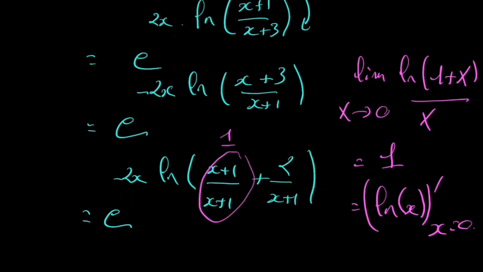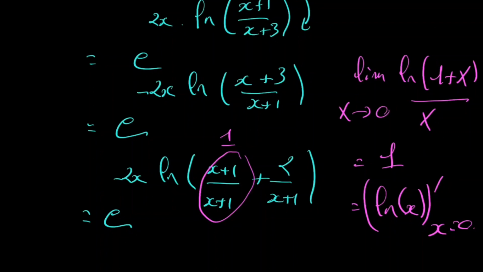So we do have something like logarithm of 1 plus something that will tend to 0, because when x tends to plus infinity, we have 2 over x plus 1, which tends to 0.